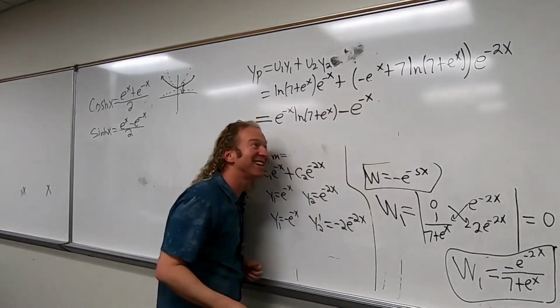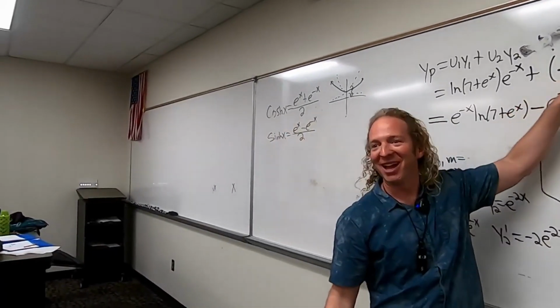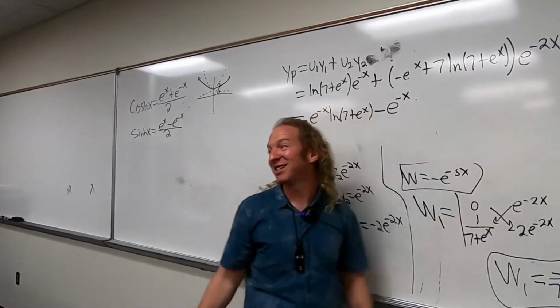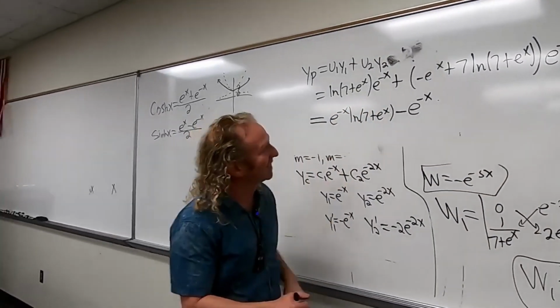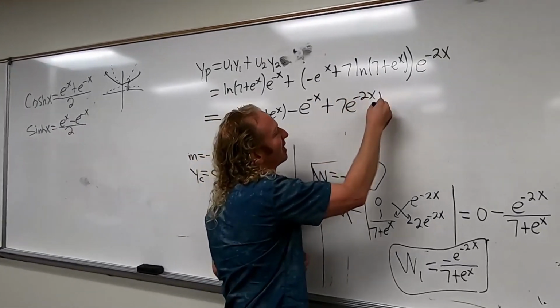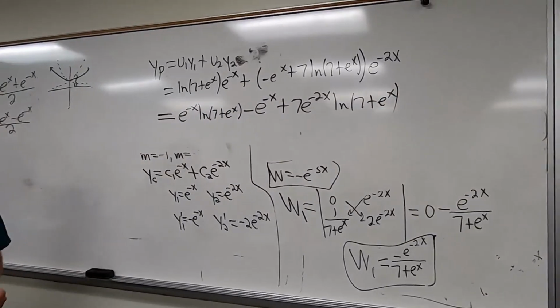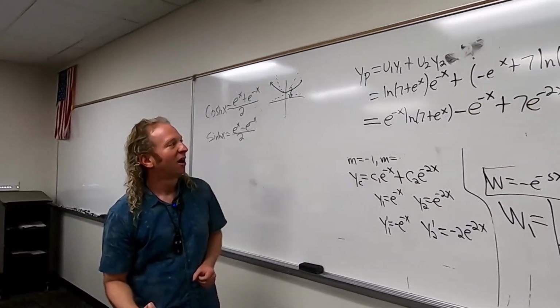Negative x, there it is. Now it's right, because you add x plus negative 2x. Plus 7 e to the negative 2x, ln 7 plus e to the x. So there is yp.